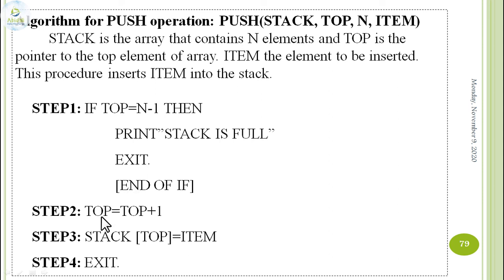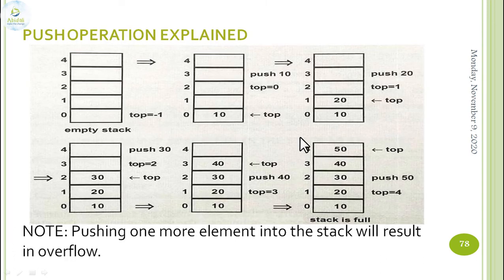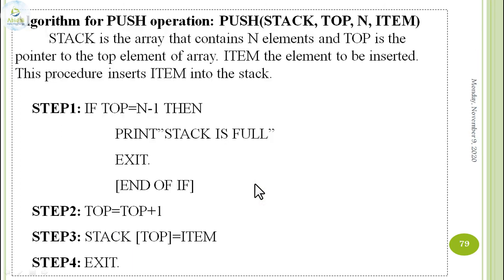In step number 2, if the stack is not full, or it has not reached the maximum number of elements, it may be any of the cases except the last diagram. It may be empty, it may consist of 1 element, 2 elements, 3 elements or 4 elements, not 5 elements. Then the top value must be increased by 1 first, the very first step.